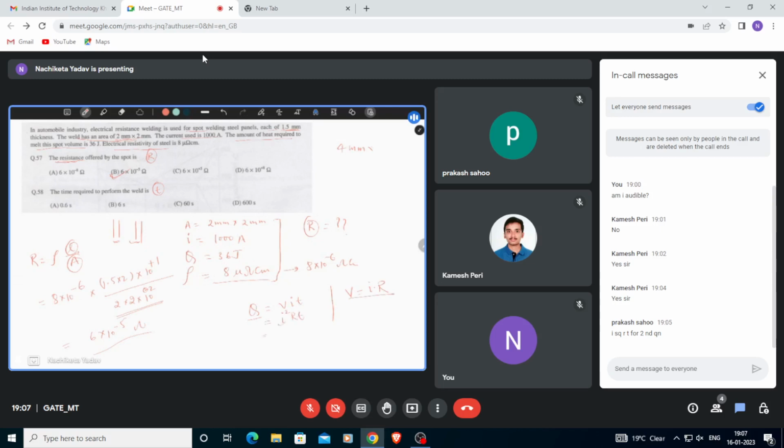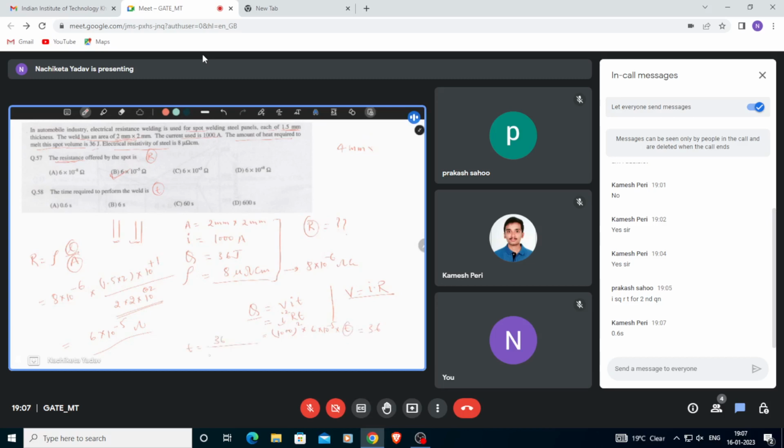R is given, I is given, 1000 ampere, into R. We have already calculated 6 into 10 to the power minus 5, and T we have to calculate in seconds, and Q is given as 36 joule. So from here we can find the T value.